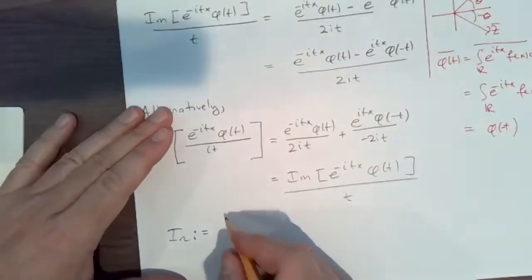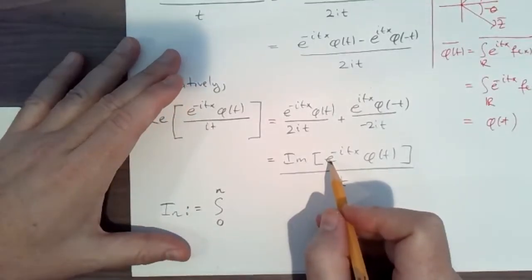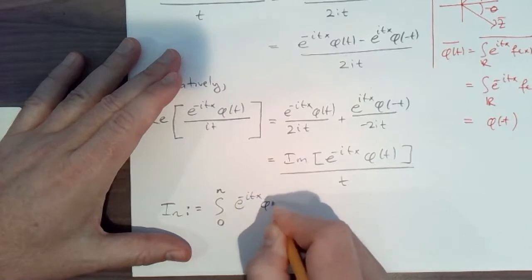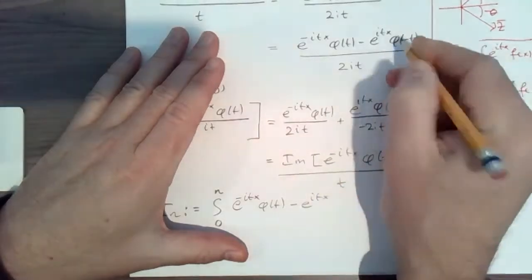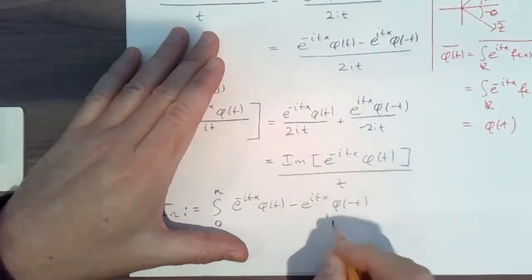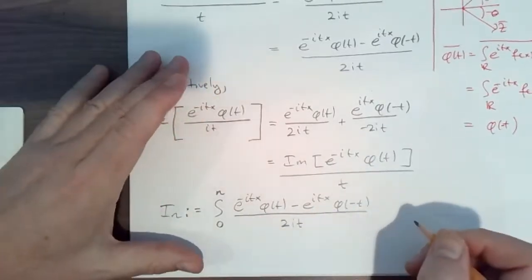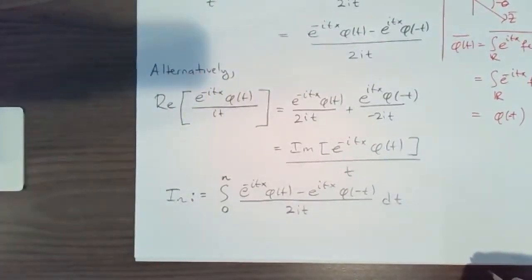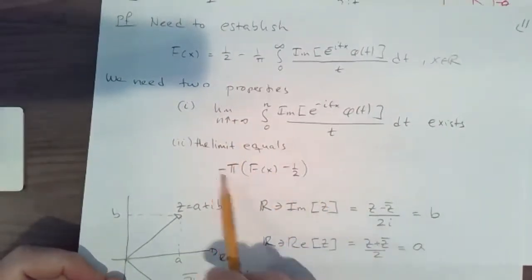So I'll call I_n this integral from 0 to n of e to the minus itx phi of t minus e to the itx phi of minus t, everything divided by 2it, dt. It's this thing that I want to compute the limit of, and I want to prove that that limit is exactly this thing here.